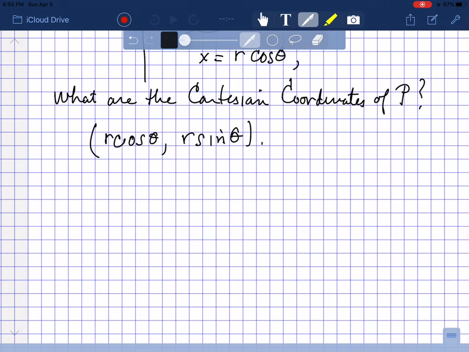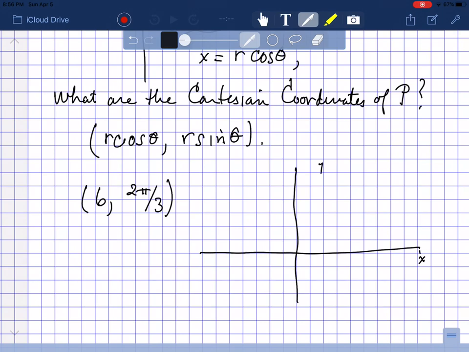Okay. So let's look at some problems associated with this. Let's say, find the rectangular coordinates for the following point: 6, comma, 2 pi divided by 3.